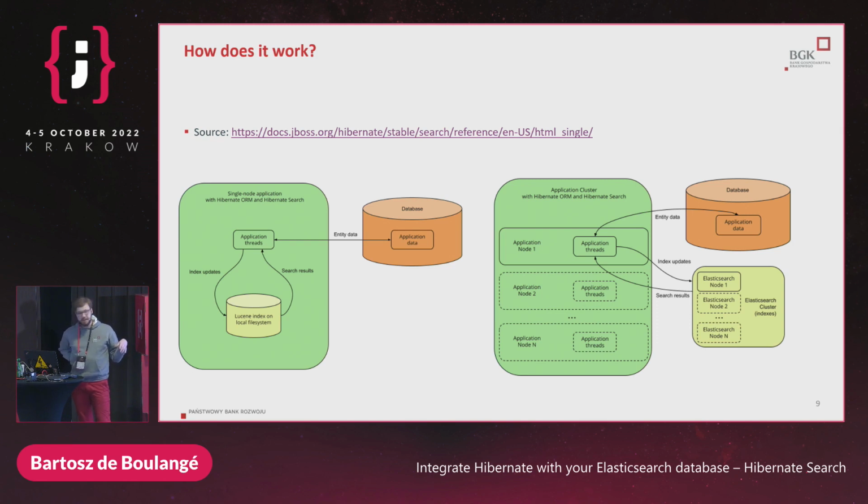So this is how it looks with Lucene, and in the case of Elasticsearch, we can have multiple application nodes, and we also have an Elasticsearch cluster, probably with multiple nodes.